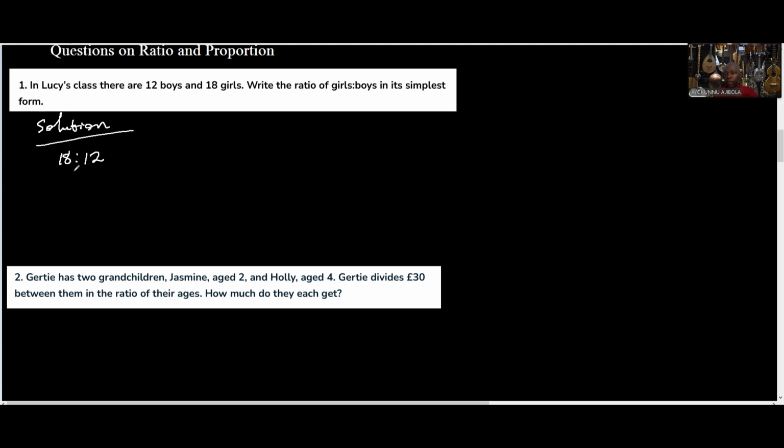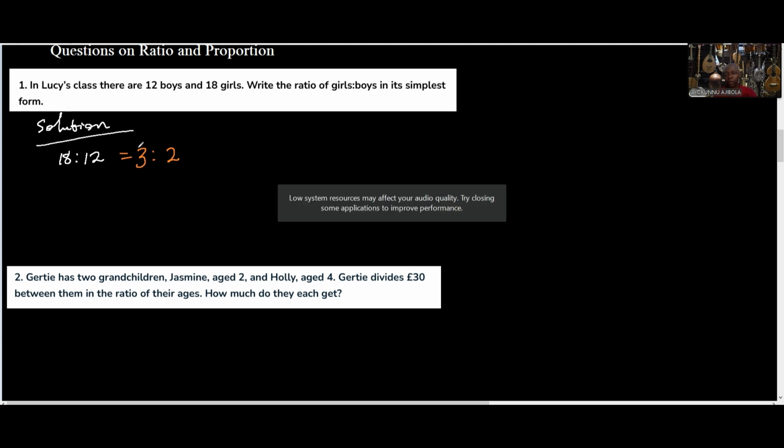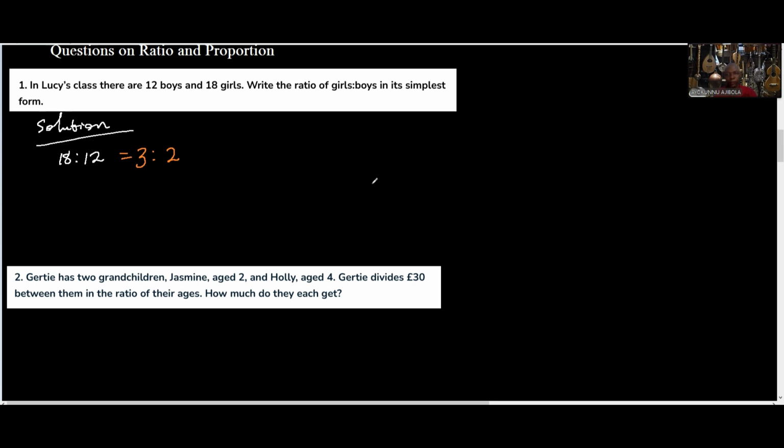So with this, we look for a number that can divide both of them, which is 6. 6 into 18 gives us 3, and 6 into 12 gives us 2. So for every 3 girls, you're going to count 2 boys. So this is the answer.